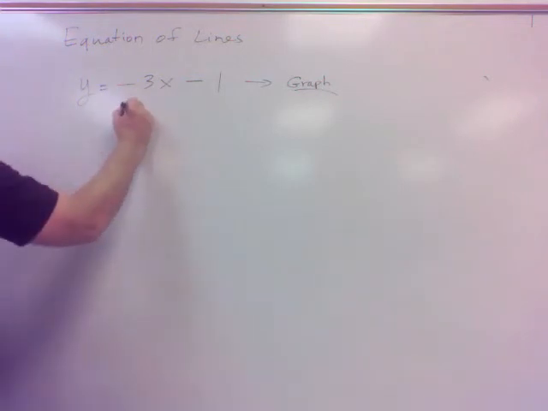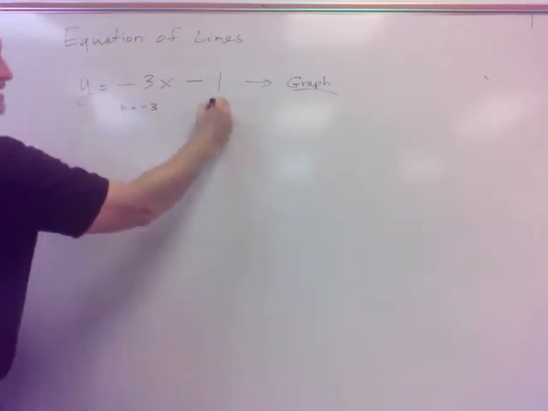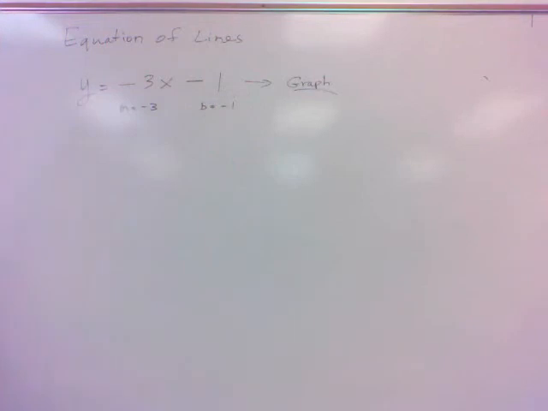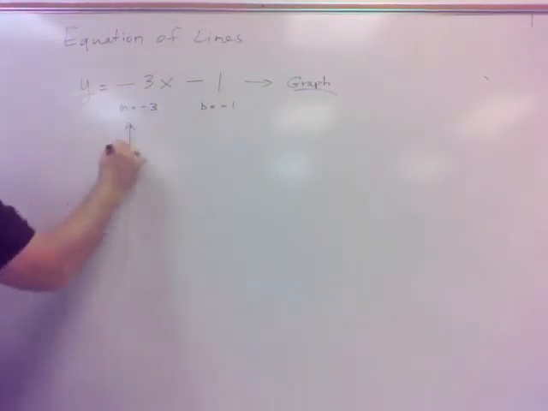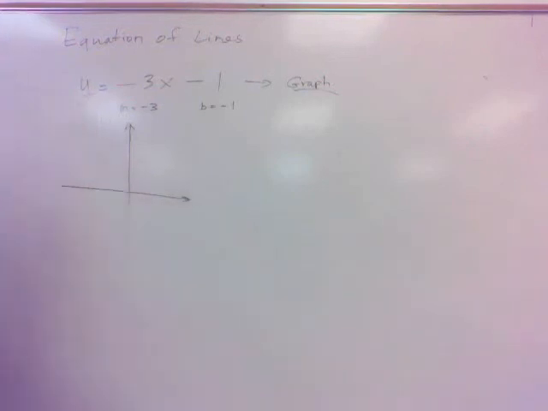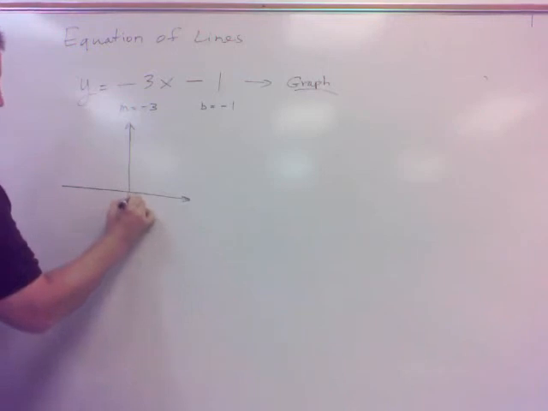Where in this case I've got the m is negative 3 and the b is negative 1. So what's this one going to look like? Well, the b tells me y-intercept. So it's going to cross the y-axis at negative 1.